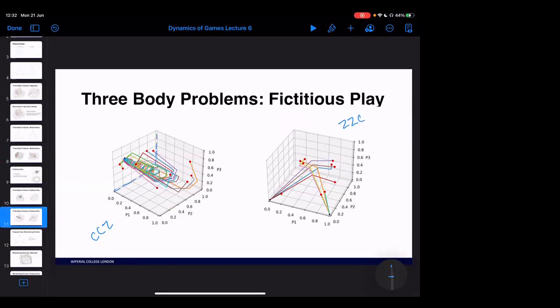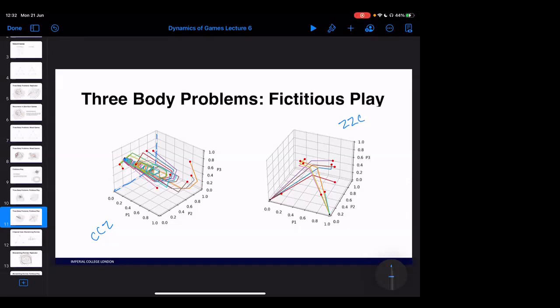But as you'd expect, we end up spiraling down towards a fixed point along the way, because this time fictitious play in a zero-sum game is actually going to converge. And so what we've seen so far is fictitious play seems to converge in pretty much everything we throw at it.